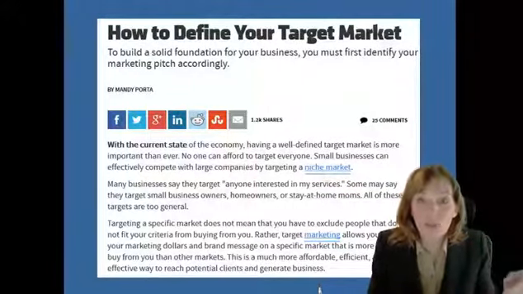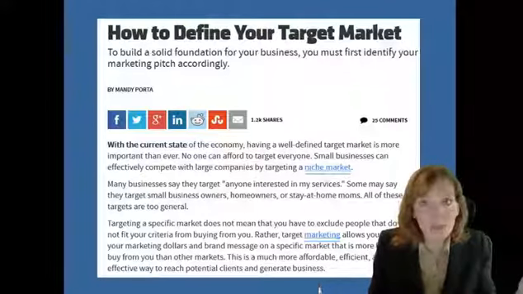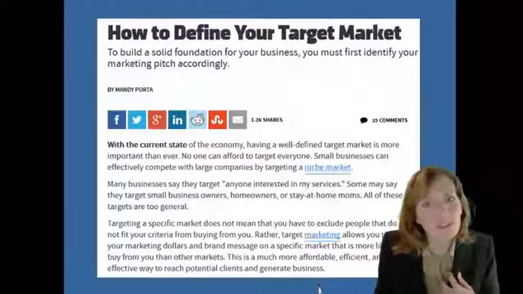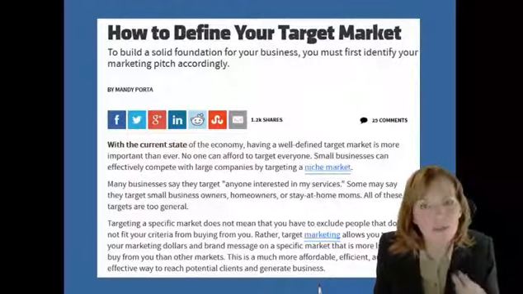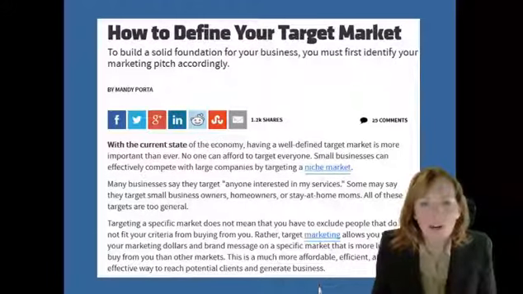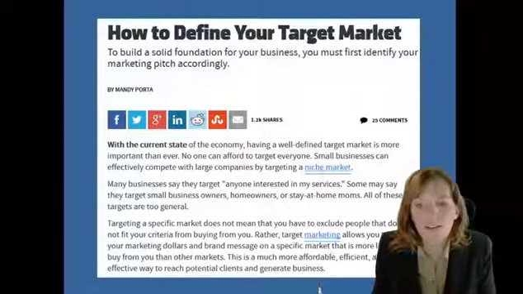All of those people are very different and would want to hear from me differently because their wants and needs are different. Target marketing allows you to focus your dollars and your brand message on a specific market that is more likely to buy from you than other markets. It is a much more affordable, efficient, and effective way to reach potential people.